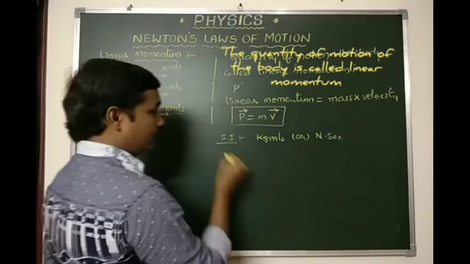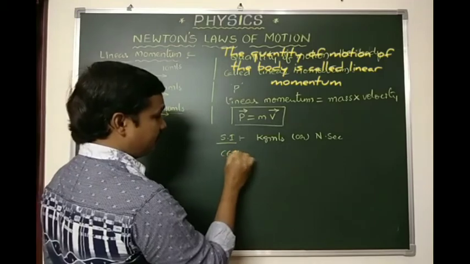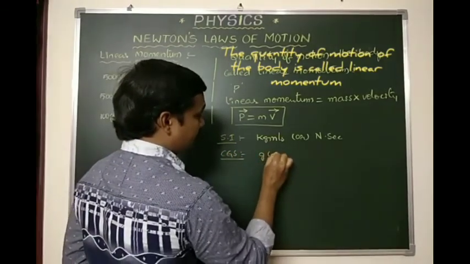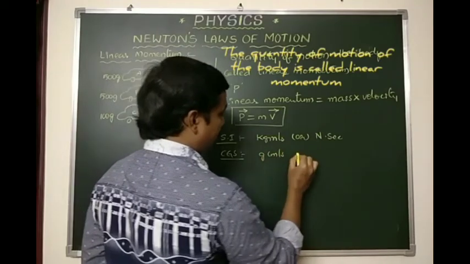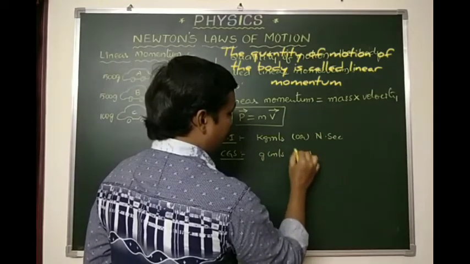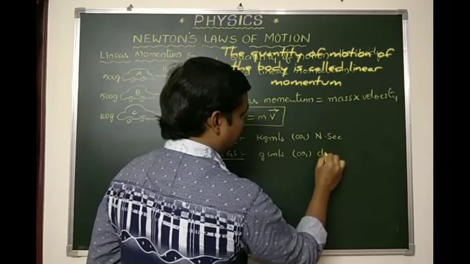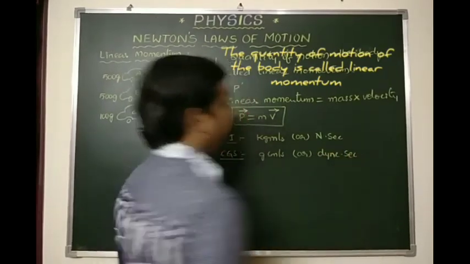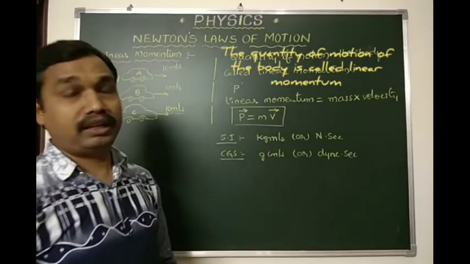Similarly, the CGS unit is gram centimeter per second, which is also taken as dyne second. And we can define linear momentum in another way.